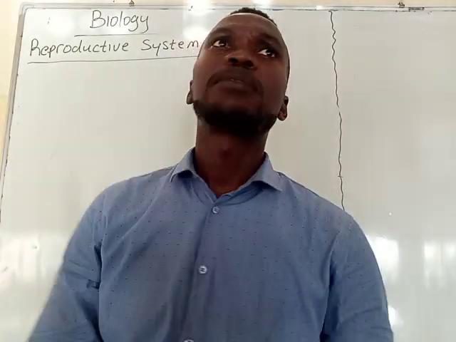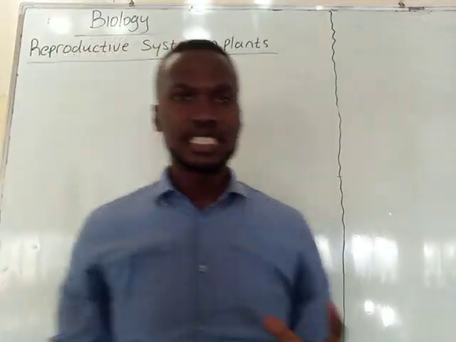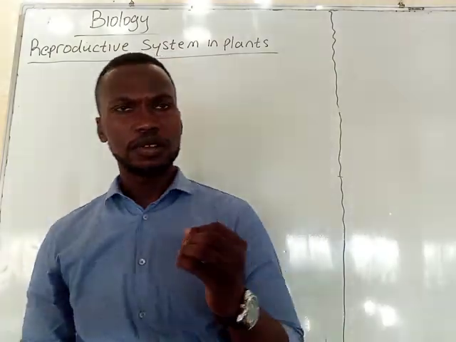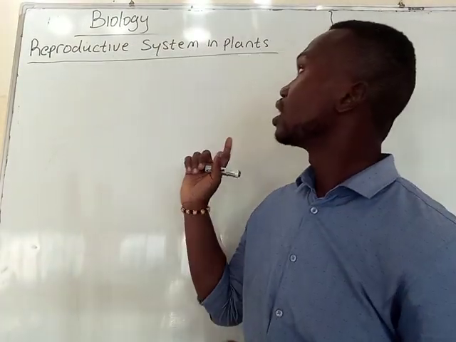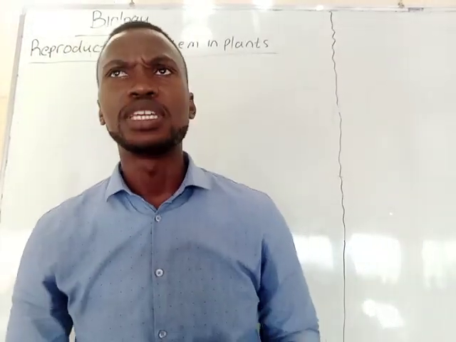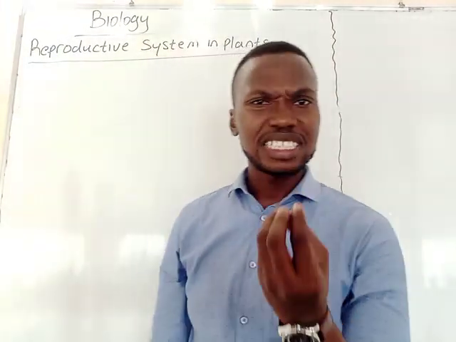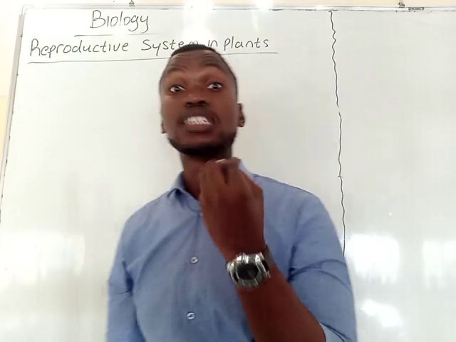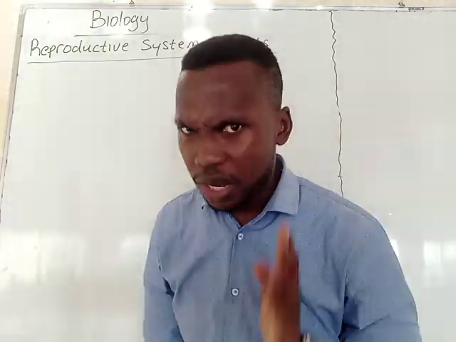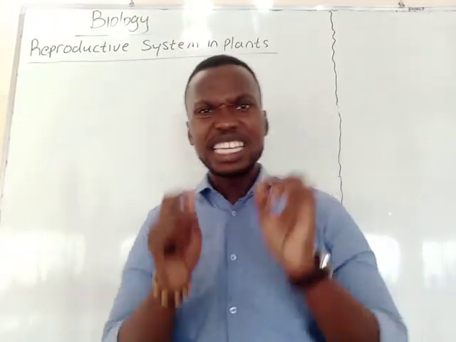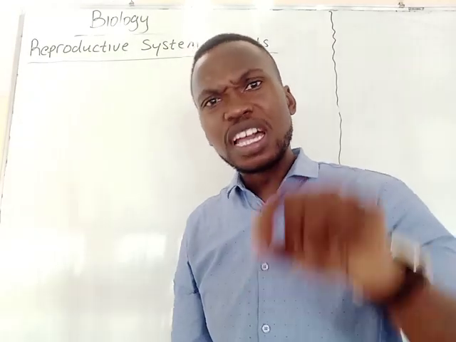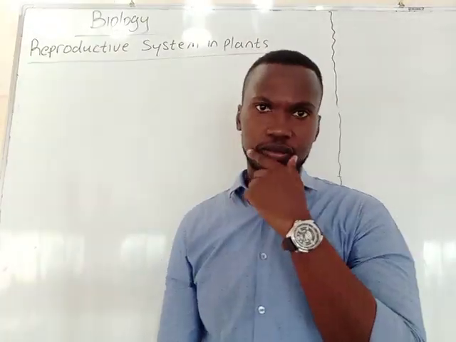I am going to start this lesson by talking about the reproductive system in plants. What do I mean? The part in every plant that has the reproductive system is the flower. Why?